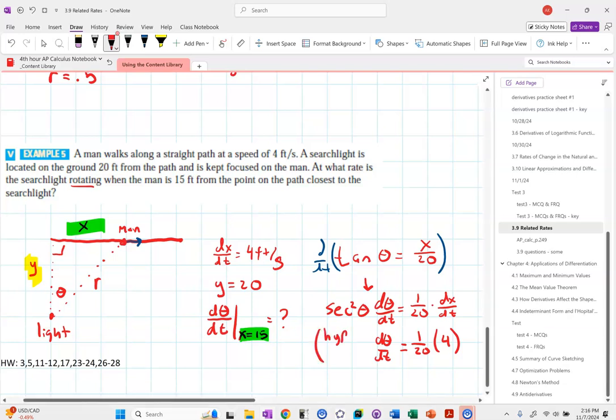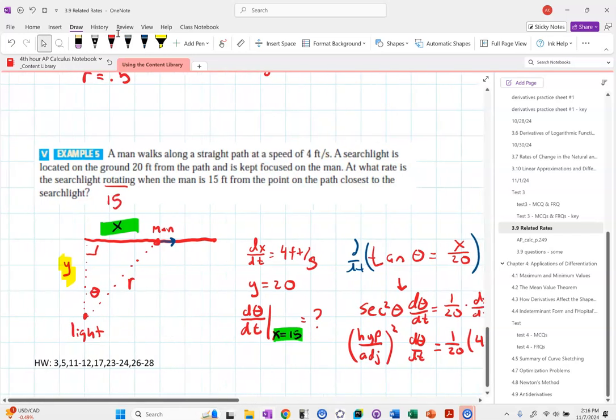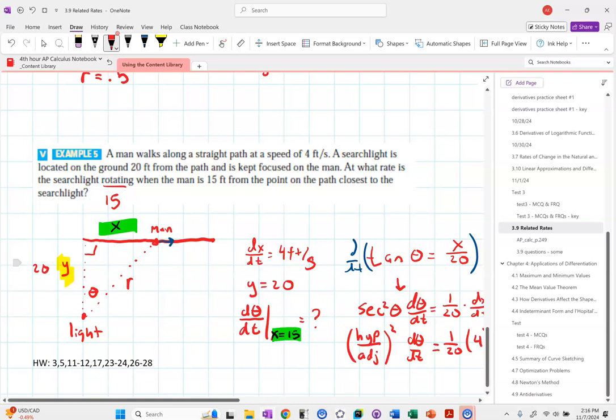Well, I know secant is hypotenuse over adjacent, right? And I know right now x is 15, y is always 20. Can I figure out what r is? How would I do that? Pythagorean theorem.